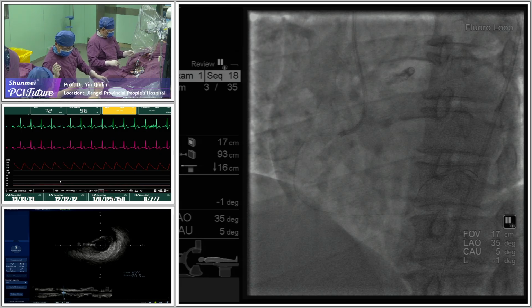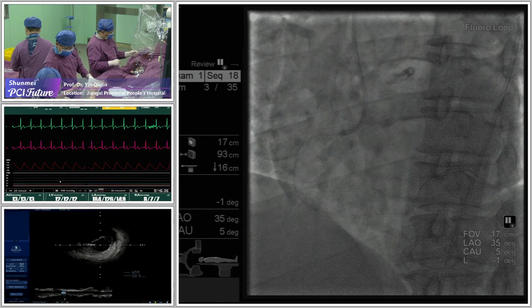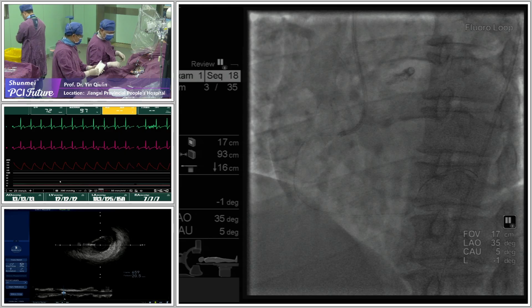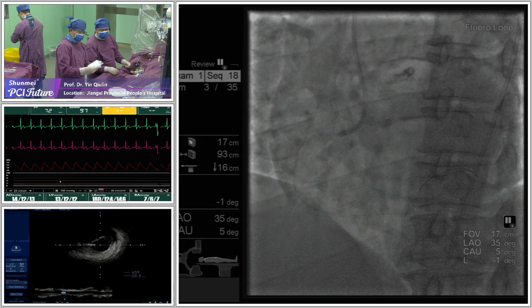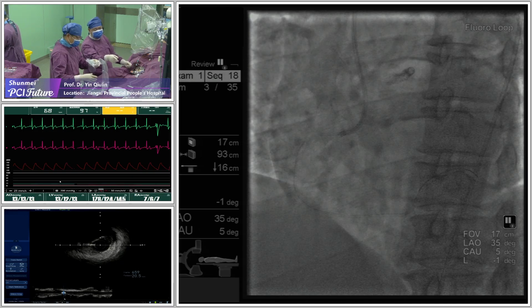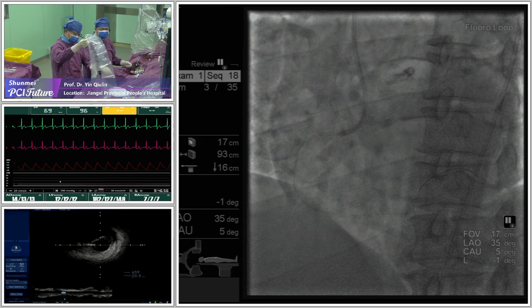I'm sure this wire is in the vessel construction, but in the subintimal. So how about next? Retrograde or Stingray? Can we just have the previous cine, please?